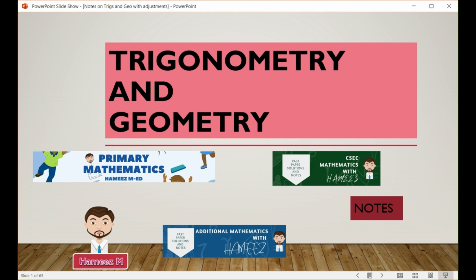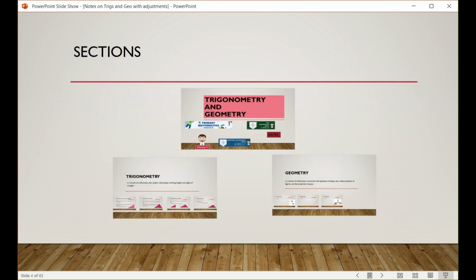So now that we're going to look at specifically circle theorems and where that falls, this being the 8th topic on the syllabus for CSEC math, trigonometry and geometry, it can itself be subdivided into trigonometry or geometry.